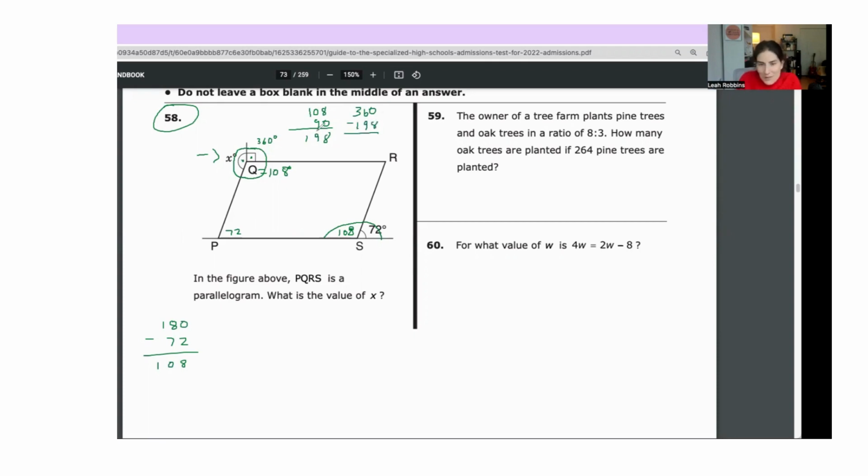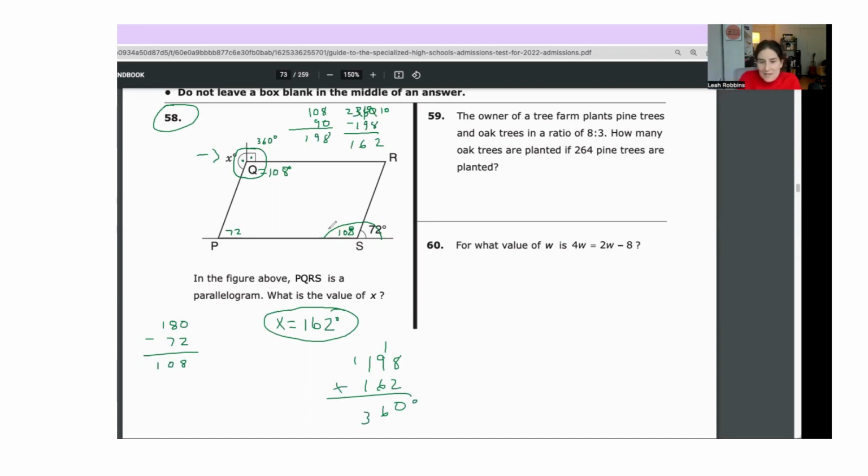If you want to do this in your head, totally fine. The answer is 162 degrees, so the measure of angle x is 162 degrees. If I had a little extra time on my test, I'd add these angles together to make sure I did the subtraction correctly, because sometimes we can make mistakes there. And that gives me 360.